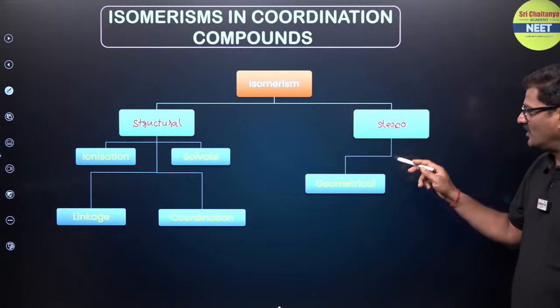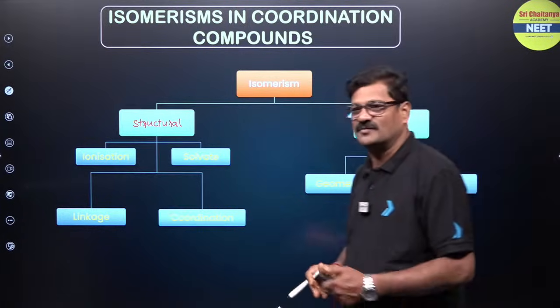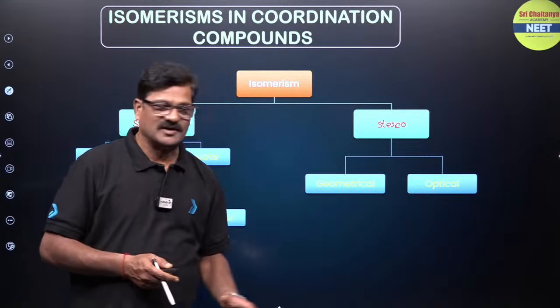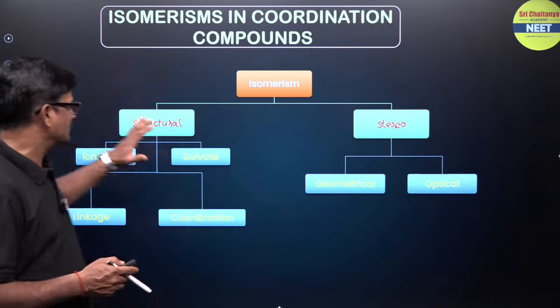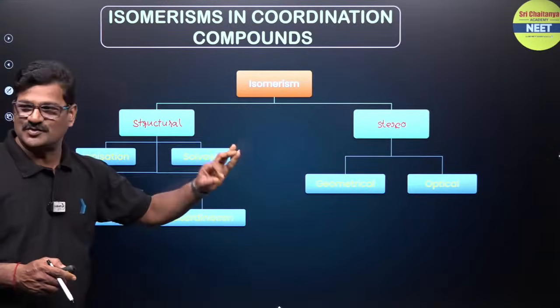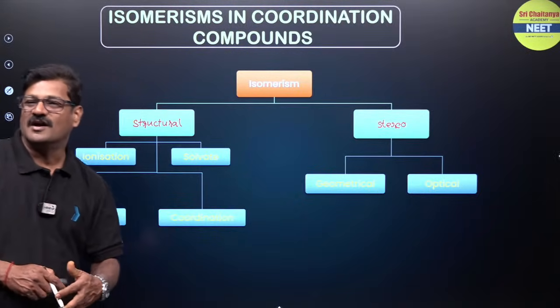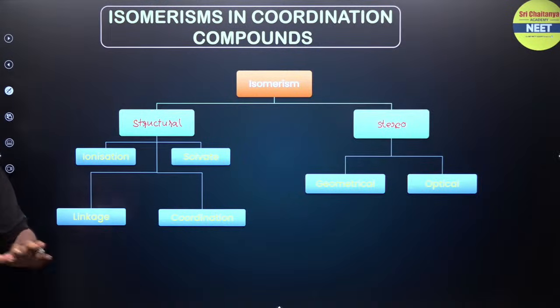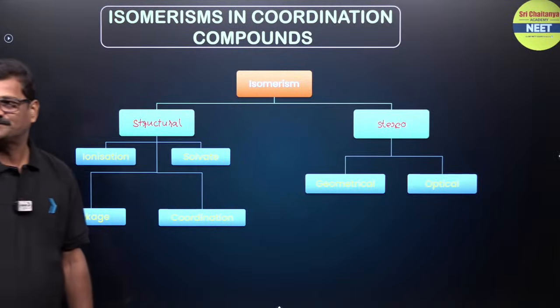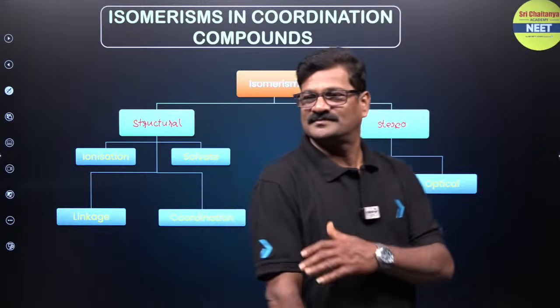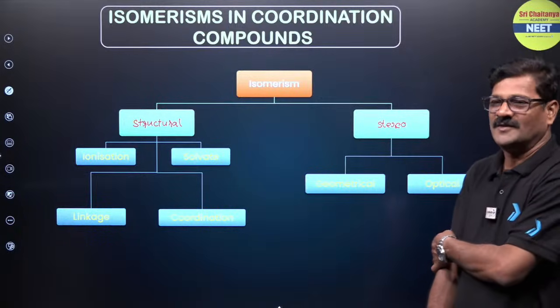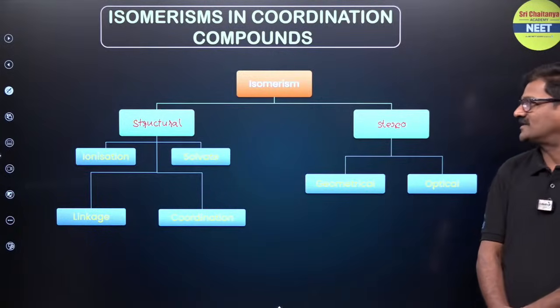And in stereoisomerism, you have geometrical isomerism and optical isomerism. So we will be discussing all the parameters in today's class, and how the examination question comes will also be discussed. Stay tuned. Bacho, any doubt? If you have any specific doubt, please let us know.